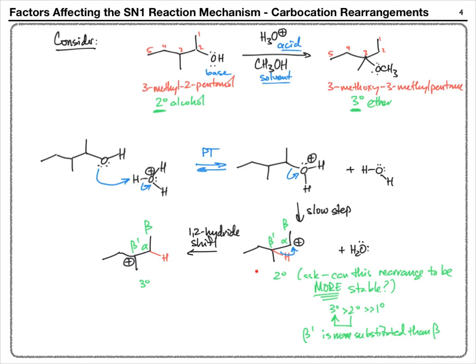Let me ask you a question. If you were considering this beta carbon here, and you did the same sort of migration, one of these hydrogens moved over as hydride, how would you classify the resulting carbocation? What would it be? It would be primary. So I'm going to draw that.